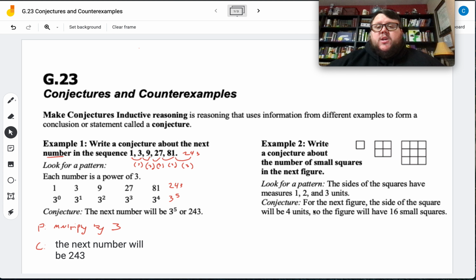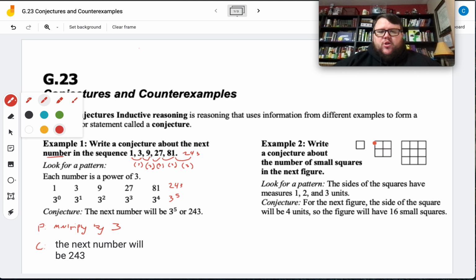So that's one way to do it. Look for a pattern here. We have one little square, then 4 squares, then 9 squares. We can look at this as numbers, or we can look at this as sides. The sides of the squares have measures 1, then 2, then 3.